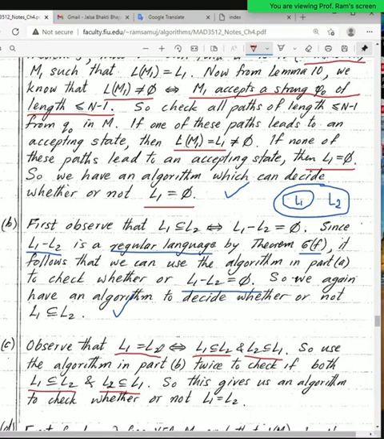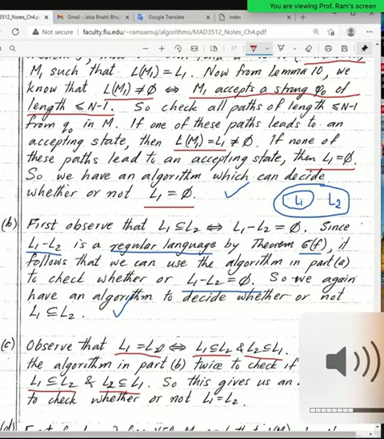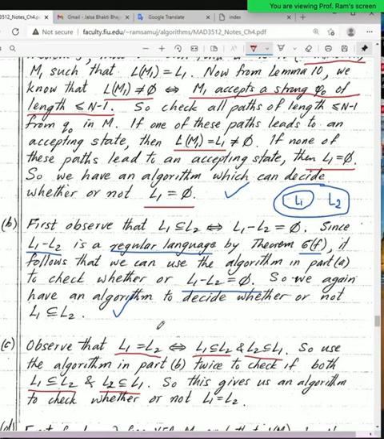Yes, there's an algorithm, you just feed it in. What does it do? It converts the languages, finds a machine for L1 minus L2, and then checks if the machine accepts a string of length between 0 and N minus 1, where N is the number of states in the machine. You're thinking, okay, this is good. So we got that.